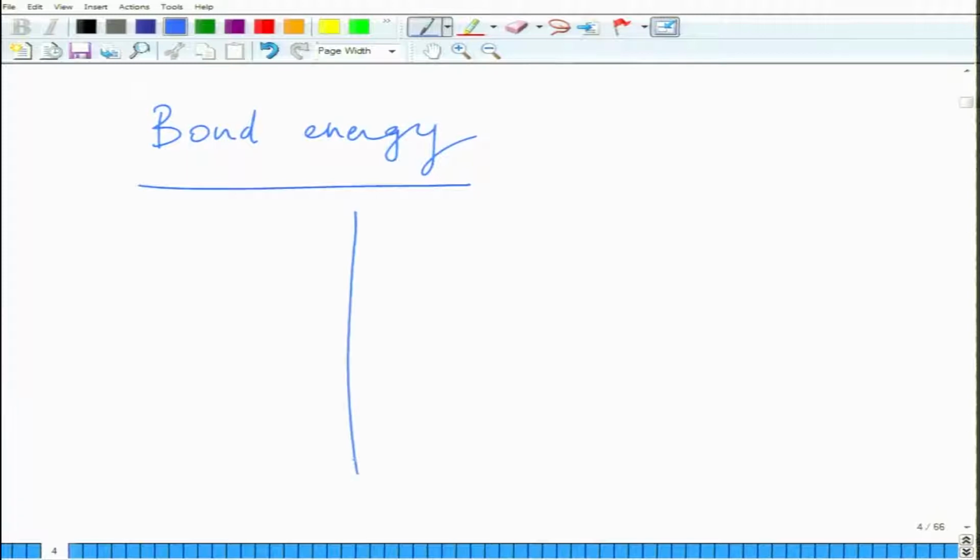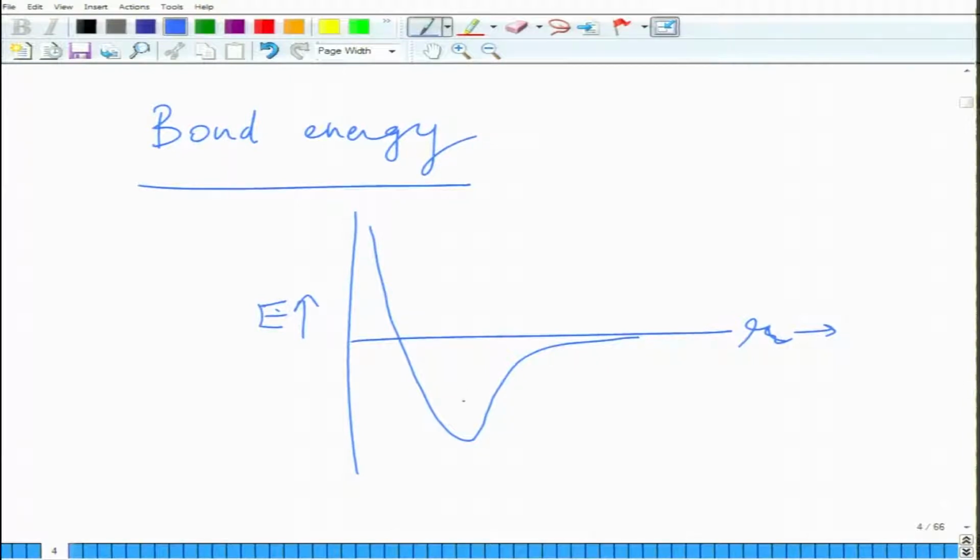So, if you have a plot like that, this is the separation distance R, this is the energy E, and the energy corresponding to the separation distance at which energy is minimum is the bond energy of the materials. And this bond energy has profound correlation with the basic properties of materials. So let me now get into the bonding.